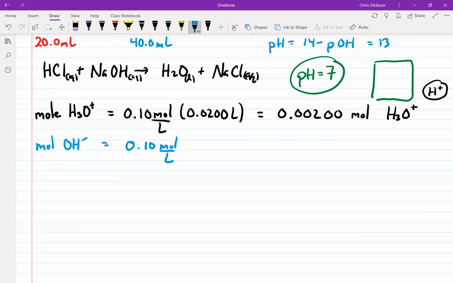But now we were using a volume of 0.0400 liters. If we convert that, moving the decimal one place over, we get 0.00400 moles of hydroxide.